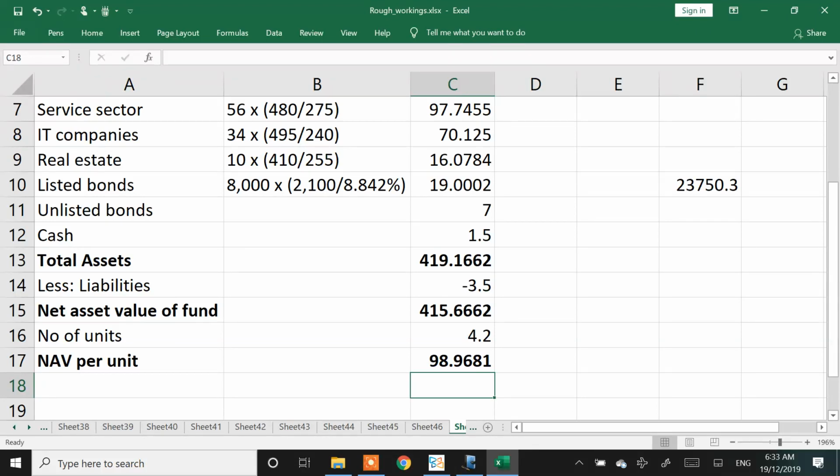Any doubts on this? 415 crores and 98.9681 crores. Clear? Can we proceed? Any doubts on this?